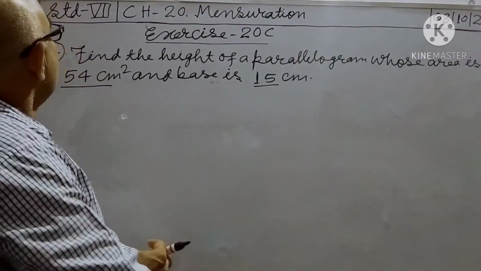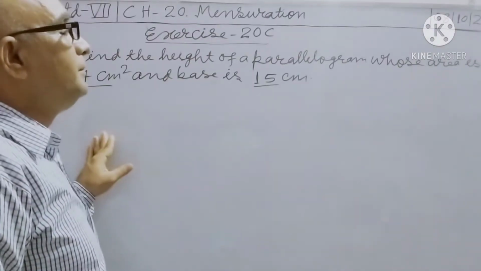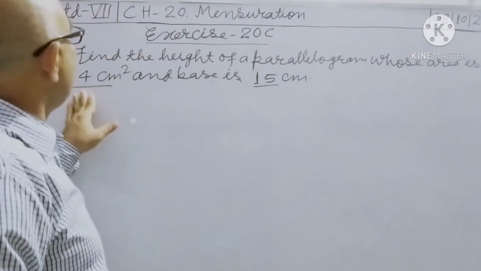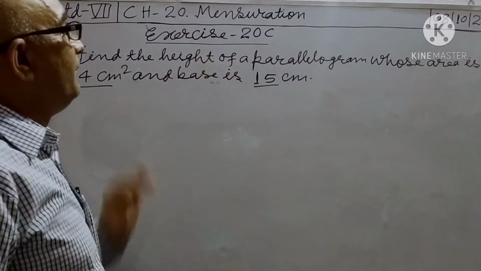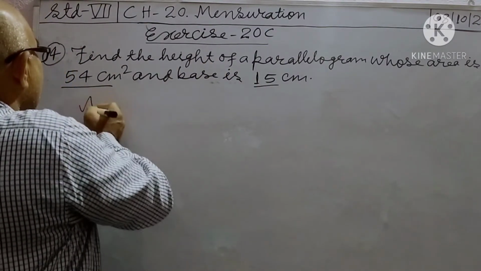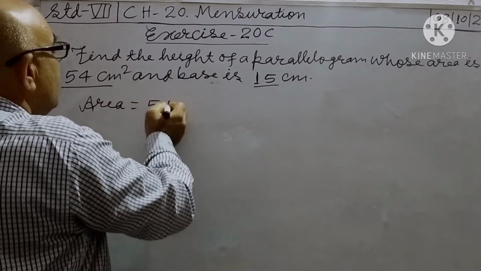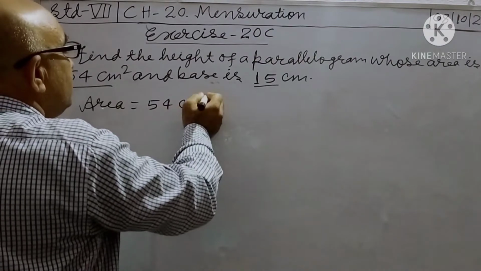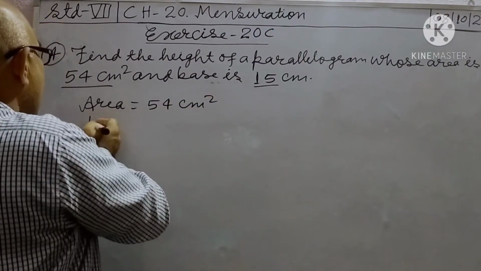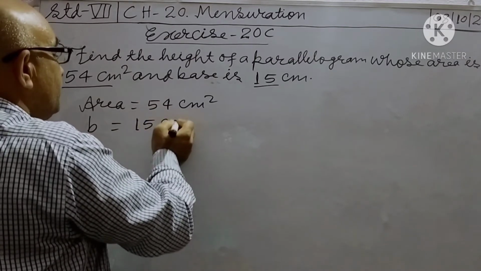We have to find the height of a parallelogram, given area of parallelogram and base. So, area equal to 54 cm square and base equal to 15 cm.